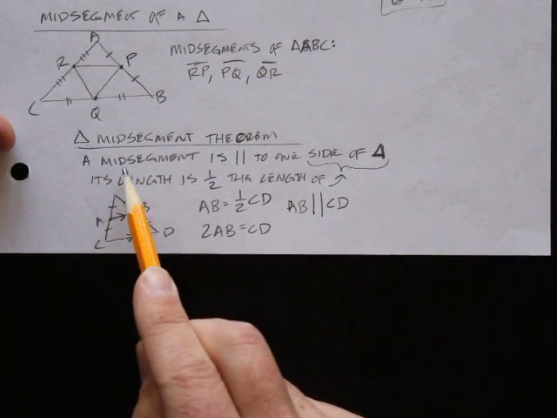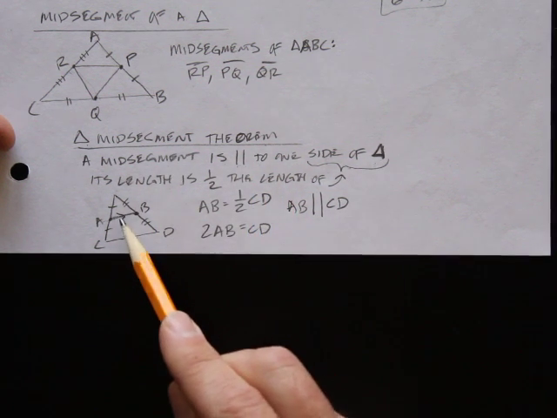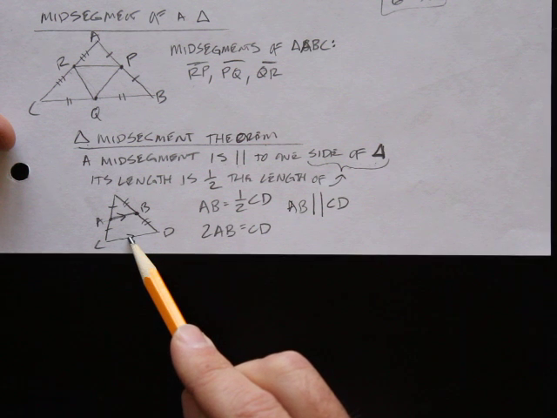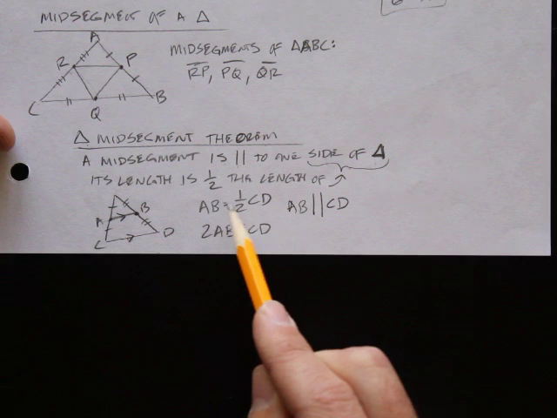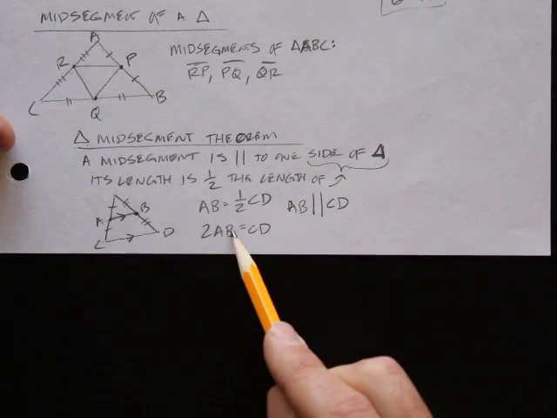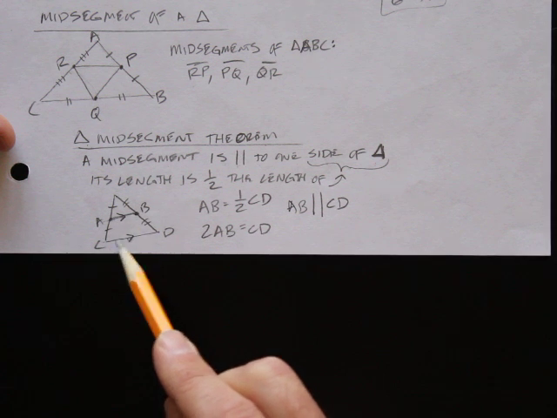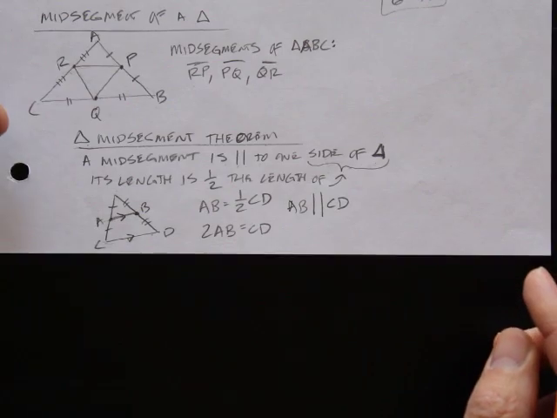So that's what this is saying here. The mid-segment is parallel to one side of the triangle, so it's parallel to this side. And its length, so the length AB, is half of the length CD. Or 2 times AB, 2 of this, are one of these. And AB is parallel to CD.